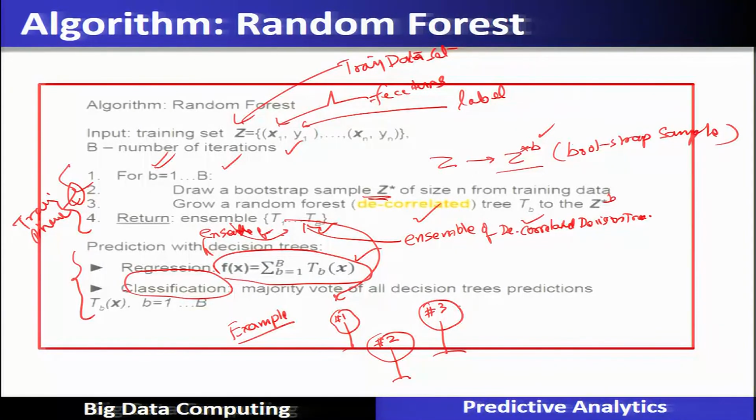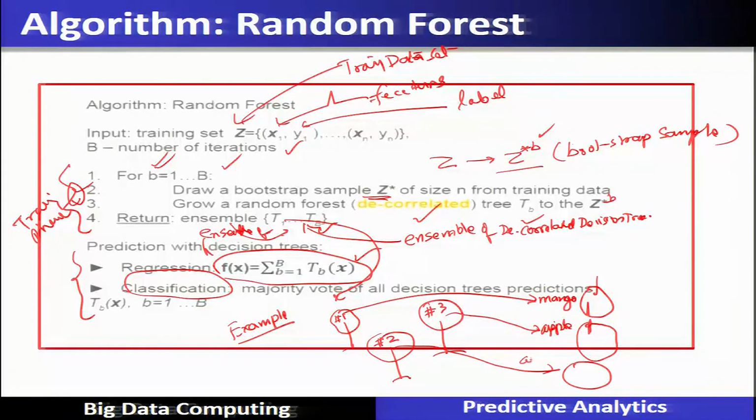These trees will generate an output. Let us say this tree will generate a mango as an output. This tree will also generate, let us say, apple as an output, and tree number 2 will again generate an apple as an output.